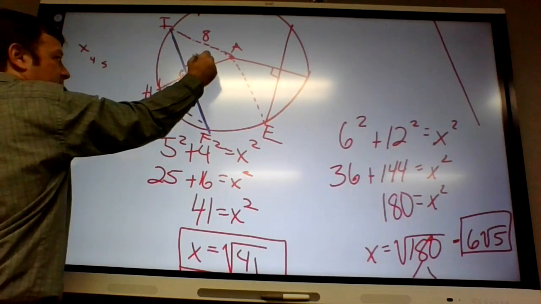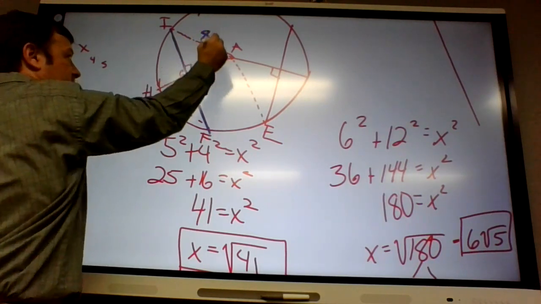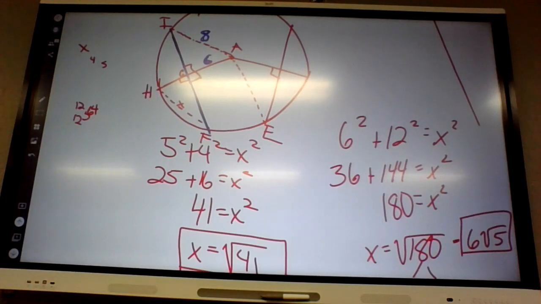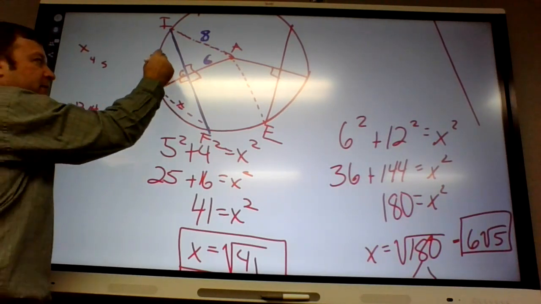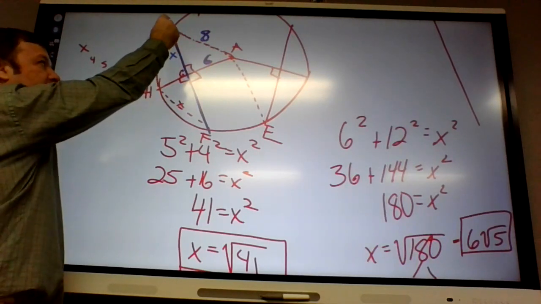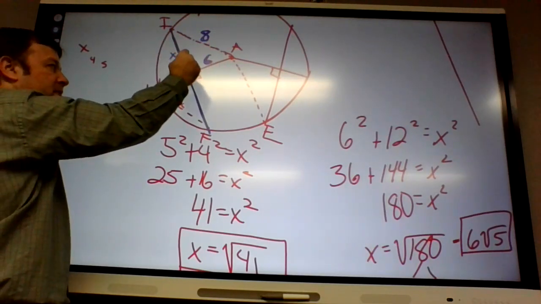So how can I use these two numbers to help me find the whole line? Jarrett, any ideas? I know you kind of missed the beginning, but. Well, I can find this, right? Because it's on a right triangle here.